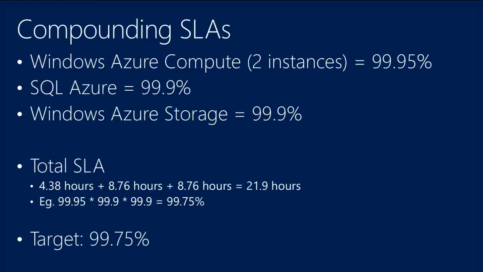The max I can achieve with that is actually 99.75. Am I good enough with that? Does that work for my business? After doing this math, you are going to understand exactly if you need to do redundancy, if you need to do backups and DR, and what DR strategy to use.